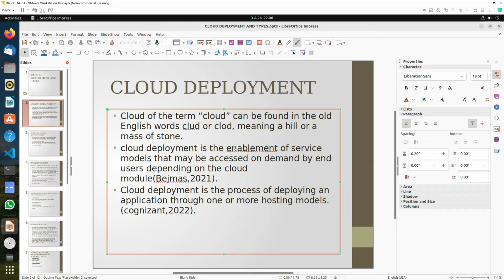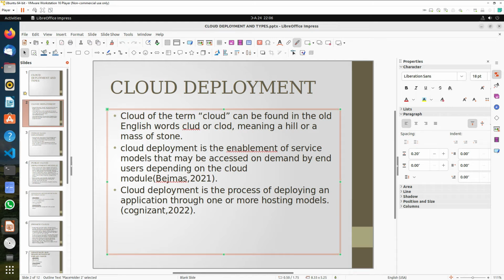Service models could be software as a service, platform as a service, or infrastructure as a service. Just making all these services available, putting them on the cloud so that every user can have access to them. So you deploy it on all hosting models so that wherever everyone is, they can access it. That's what cloud deployment is all about.